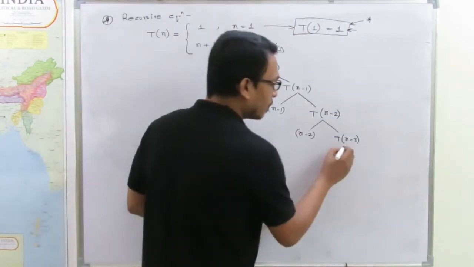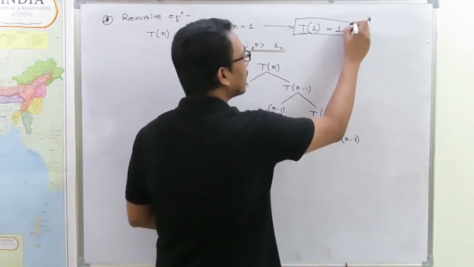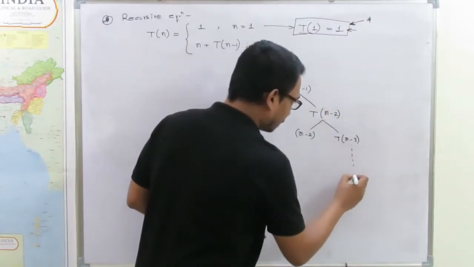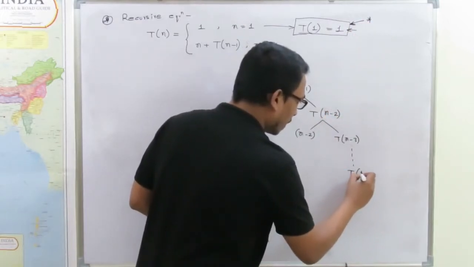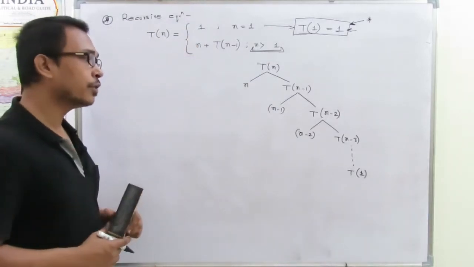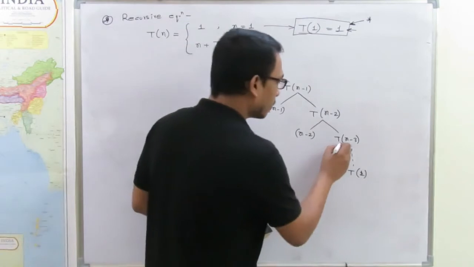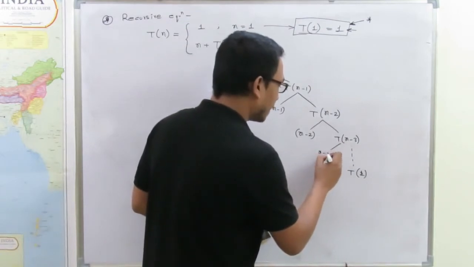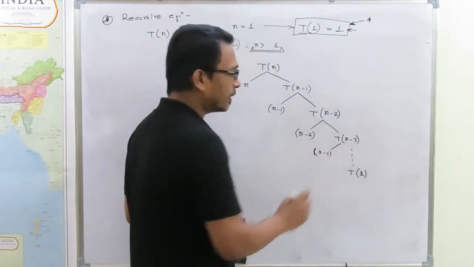That means to reach our base condition, that is T of 1, how long do we need to work? Again here also we spend T of n minus 3, and then finally we can reach this.